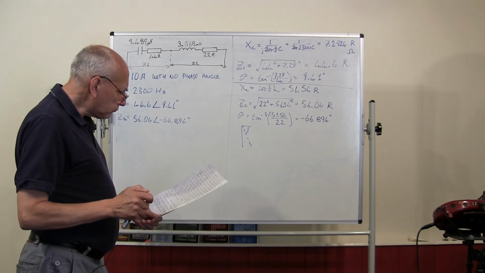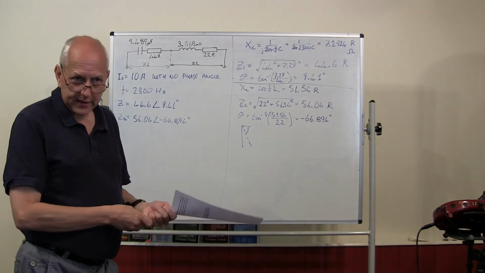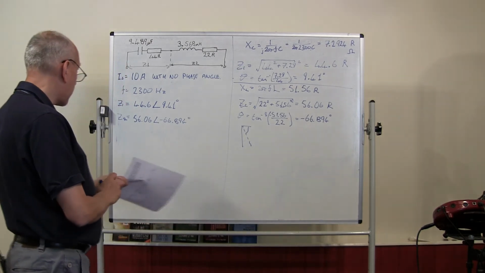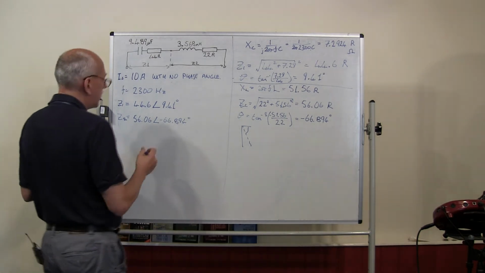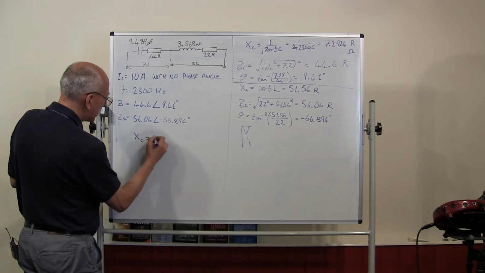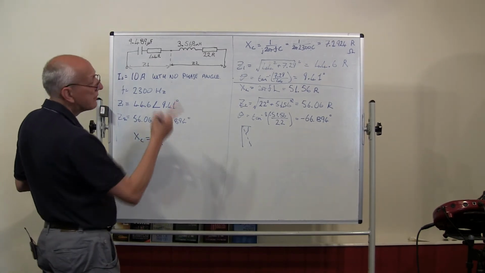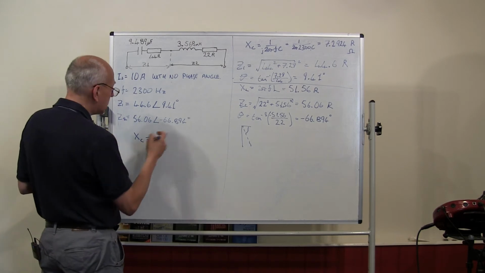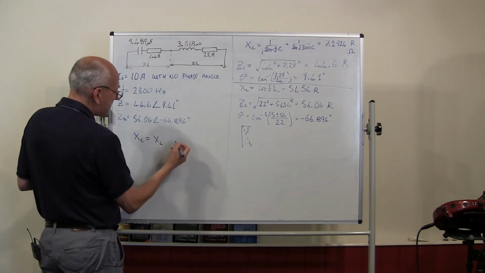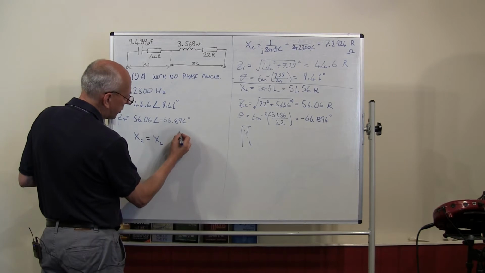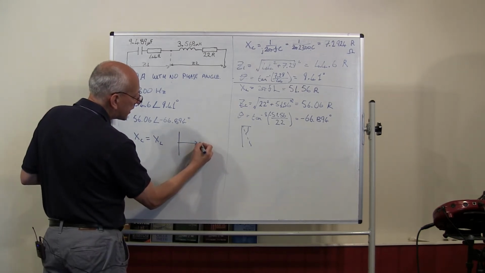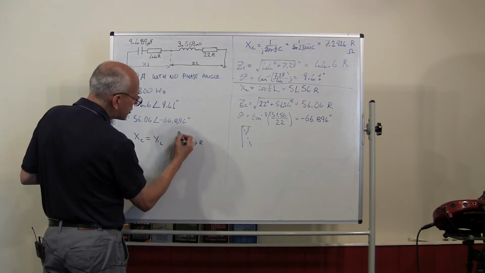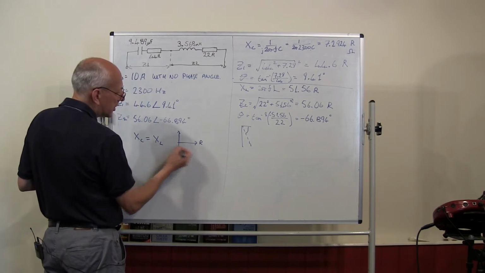Now, that's assuming that we've got a phase angle for the voltage, and the only way we wouldn't get a phase angle for the voltage is if XC equaled XL. Evidently it doesn't, but if it did, they would cancel out. So if, for example, this was some resistor value, and if this was the same length as this, then they would cancel, so you just have the resistor.